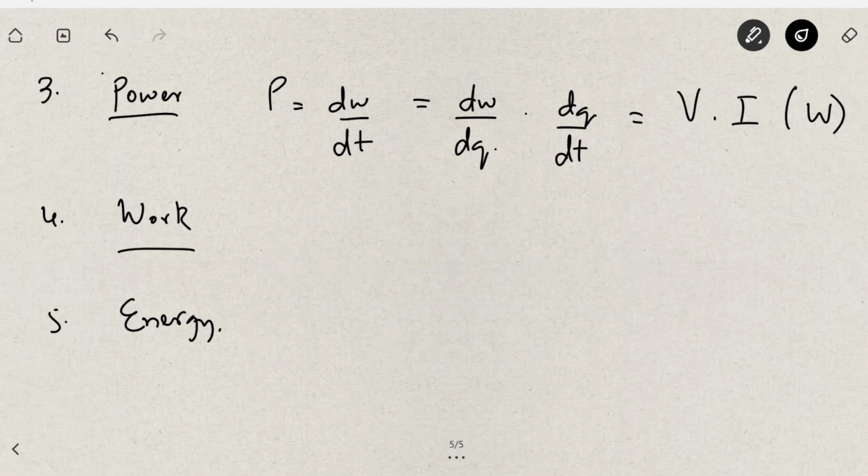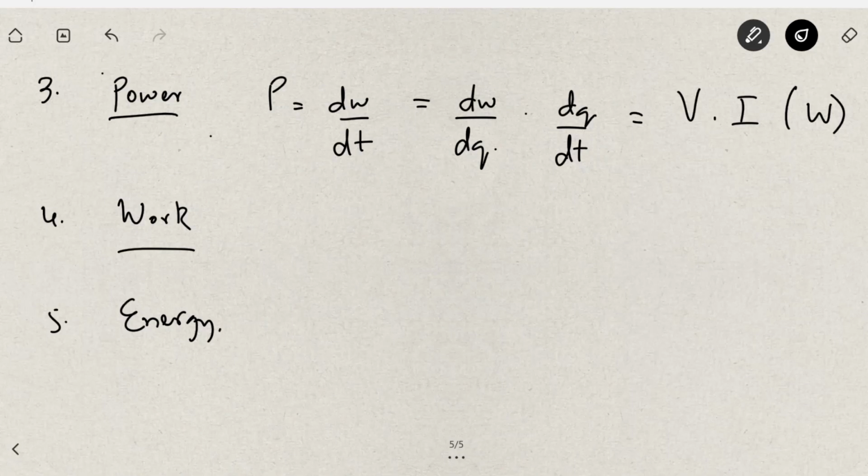In general, an active element supplies power and a passive element absorbs or consumes power. In general, this is not necessary. A passive element may also supply power at some times, while an active element may absorb power at some times.